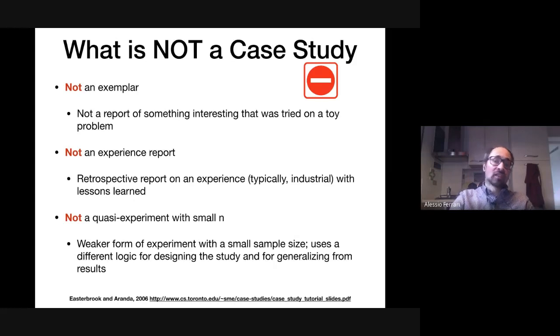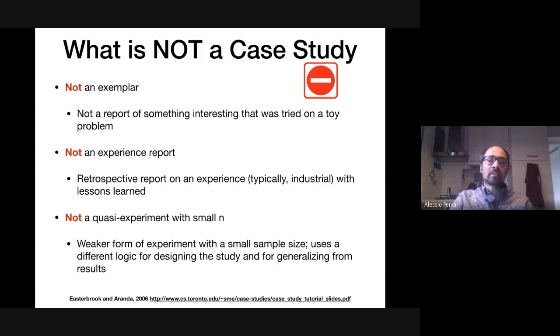What is not a case study? A case study is not an example, so it's not just a simple example of a case, not a toy problem. You need to use real data. It's not an experience report. This is the thing that often creates a lot of confusion.